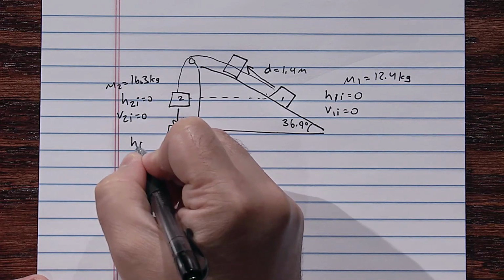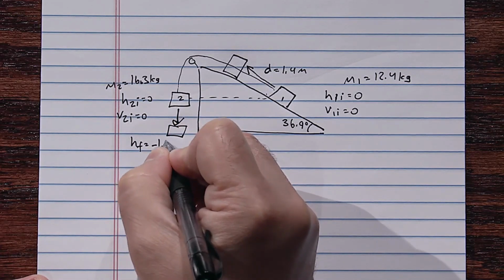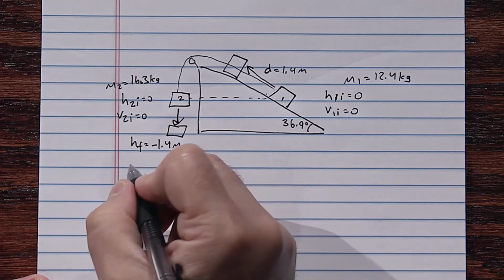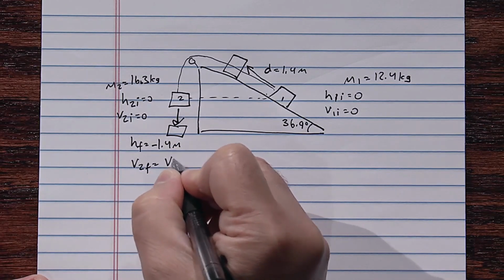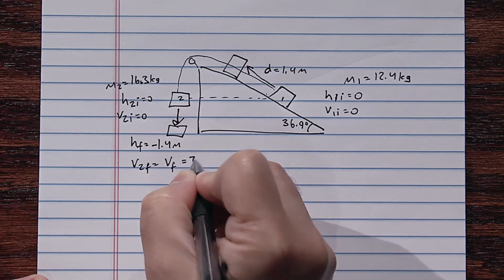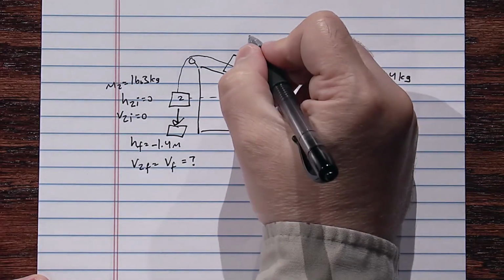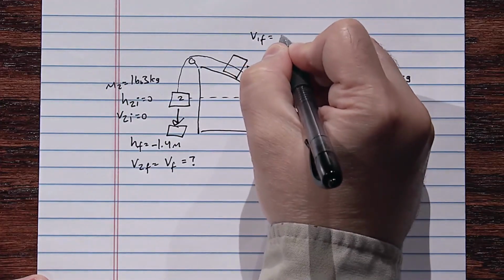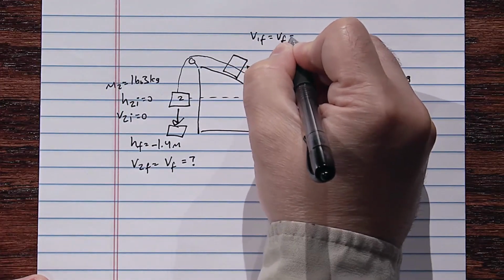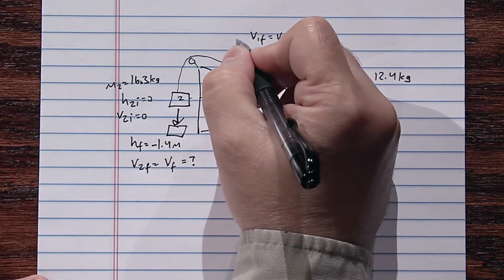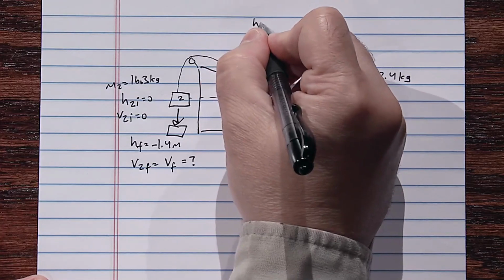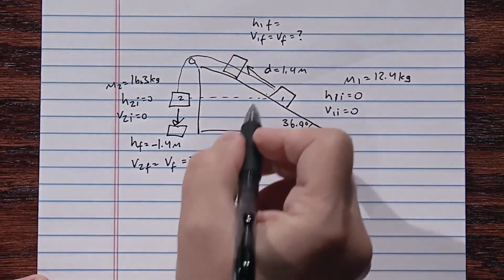So that would say height final is minus 1.4 meters. V2 final is just V final, whatever that is. V1 final is the same thing, V final, whatever that is. And we have not figured out height 1 final. Height 1 final, we have to figure out.